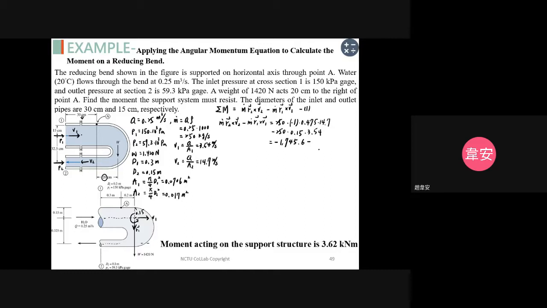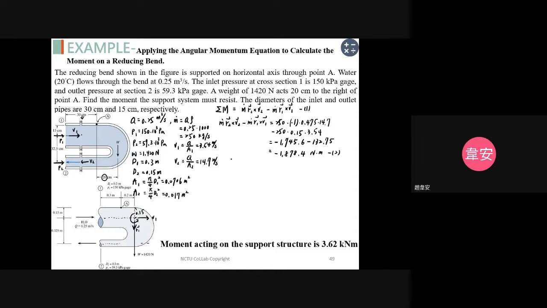So it is equal to minus 1878.4. The unit is Newton meters for the moment.